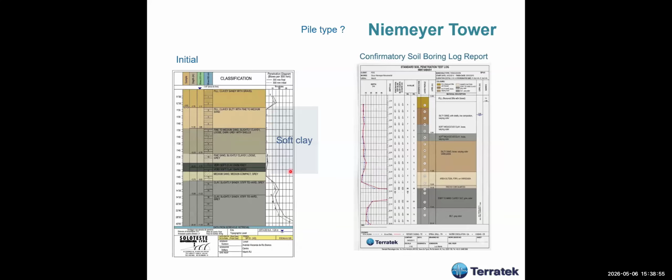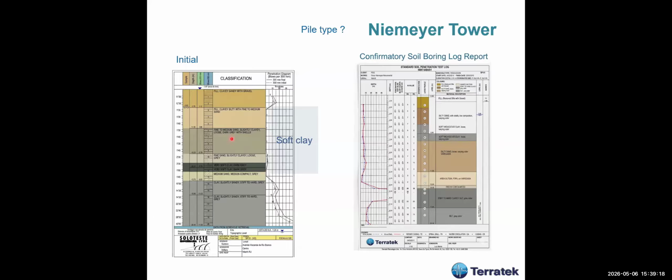As you see here, we have a very soft clay with N equal to nil, okay? And here we had a low value of N, or SPT N, but still the values were about 4, 5. Let me check.